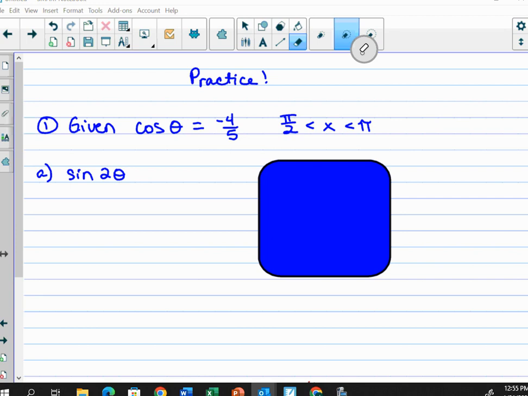Yeah, much better. Look at your numerator again. Is it negative?